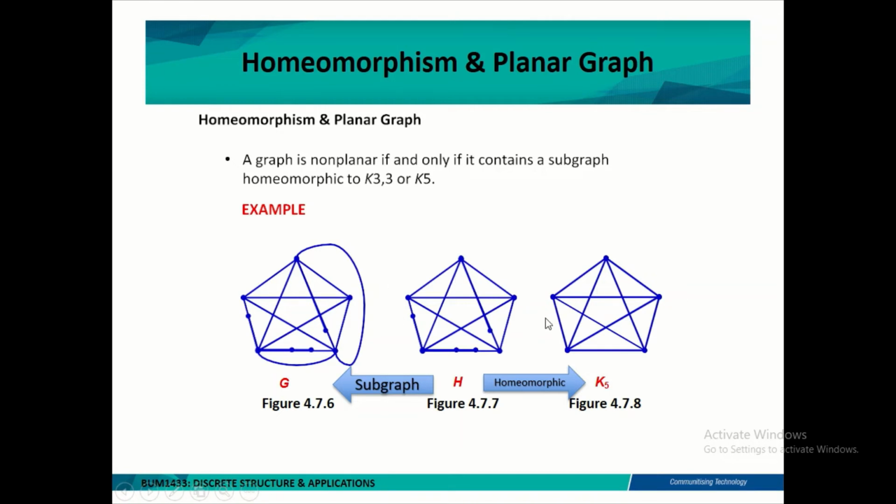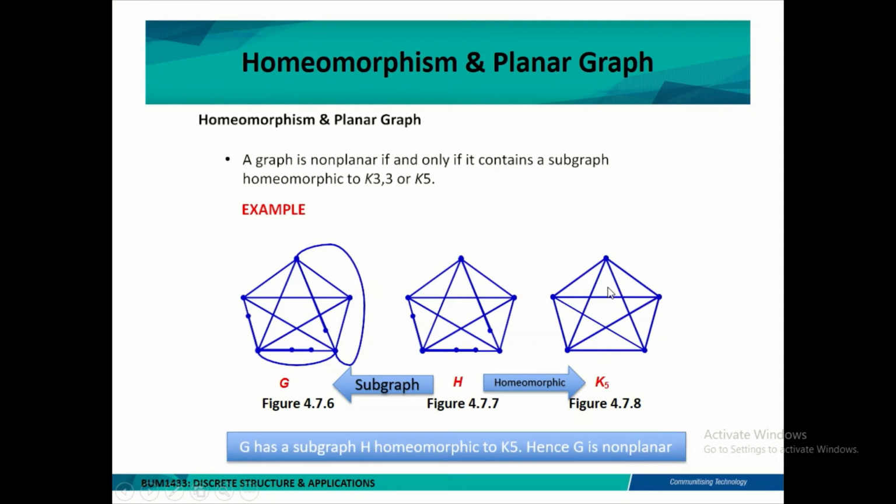So we have an additional vertex here. So we can say that H is homomorphic to the K5. So the conclusion is that G is the non-planar graph since it contains the subgraph homomorphic to the K5. G has a subgraph H homomorphic to K5, hence G is non-planar.